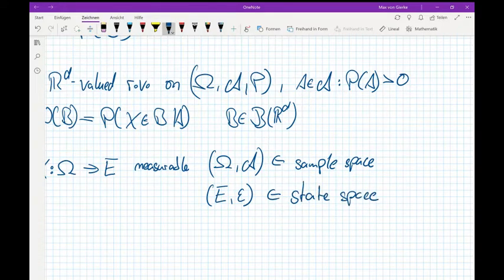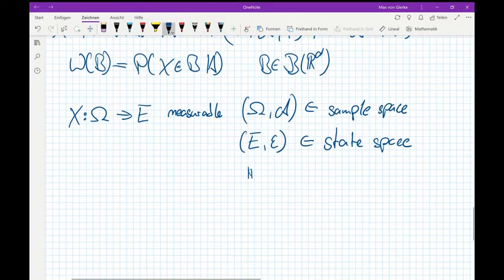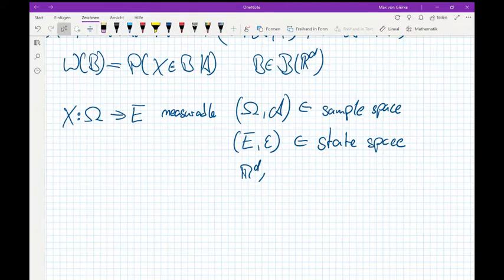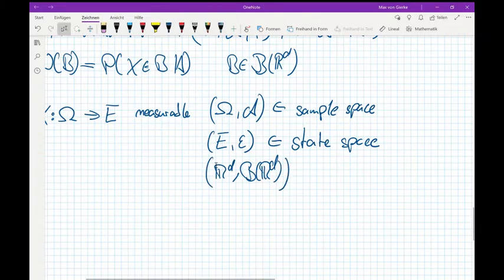And well, if we say that this is R^d valued, then we mean that our state space is R to the power of d, endowed with a good sigma field for this space.